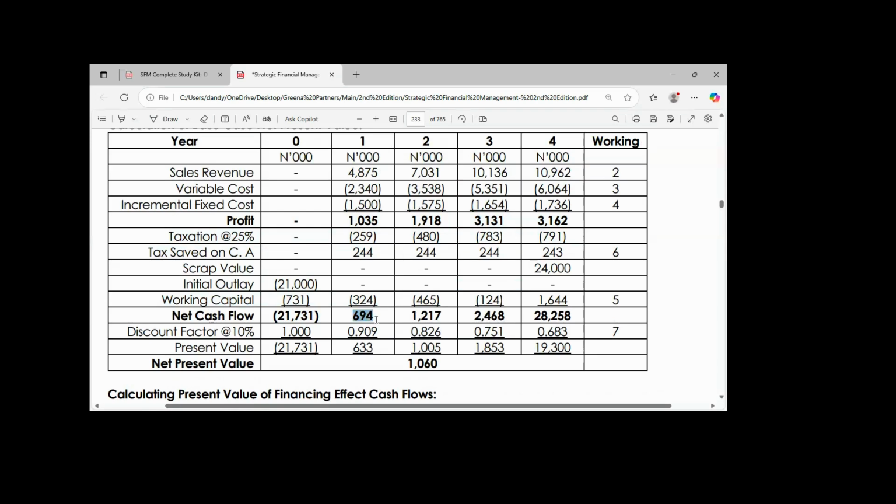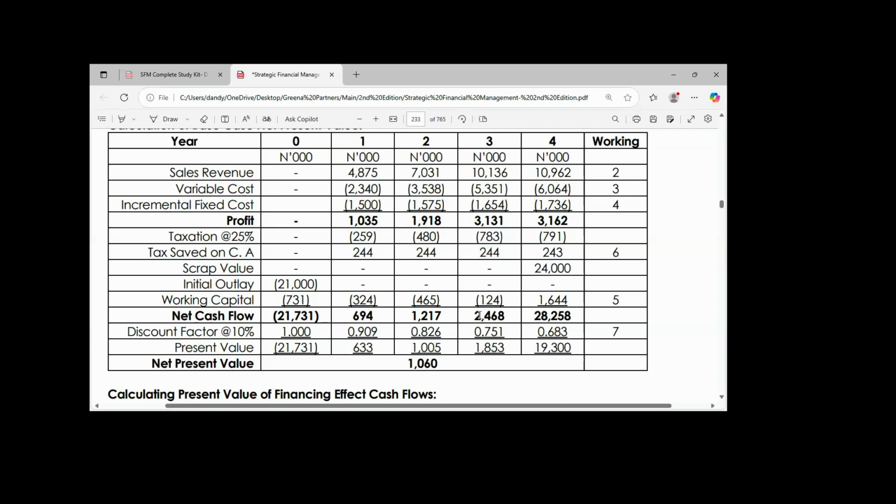We have 694. Then in the second year, 1918 minus 480 plus 244 minus 465. We have 1217. In the third year, 3131 minus 785 plus 244 minus 124.